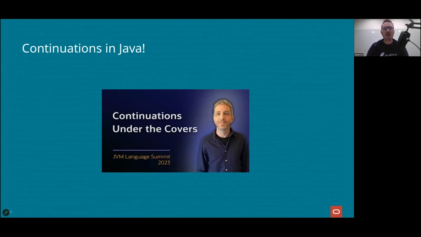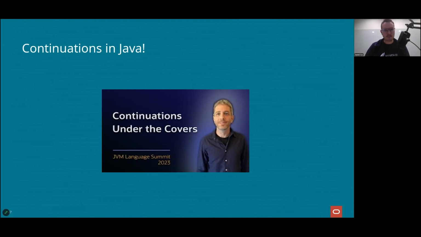It's really cool. And if you want to know more, you can learn that from more clever people than I am. Like from this video, you can find it on YouTube. It's called Continuations Under the Covers. It's from Ron Pressler's talk at the JVM Language Summit, and he's explaining tricks like that there, and it's really way better explained than from me.